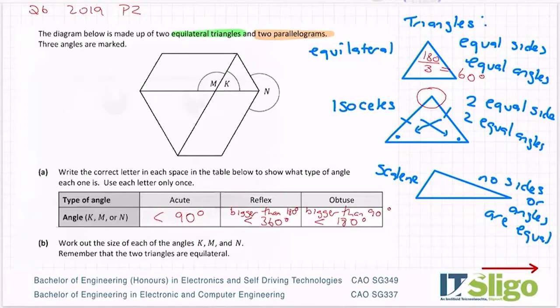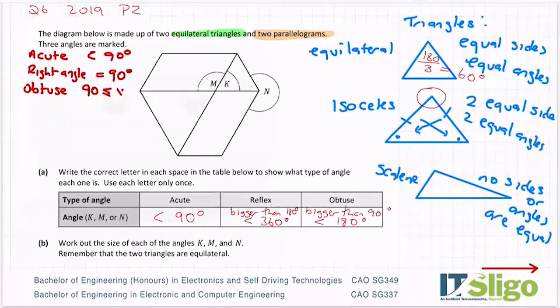So to summarize that, I'll do my angles over this side. We have an acute angle, which is less than 90 degrees. We have a right angle equal to 90 degrees. We have an obtuse angle that is somewhere between 90 degrees and 180 degrees.